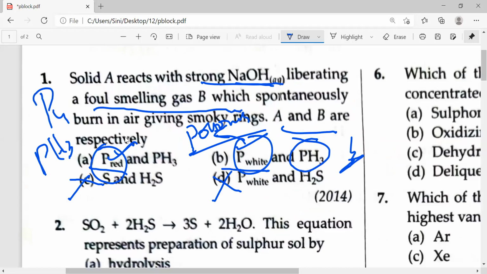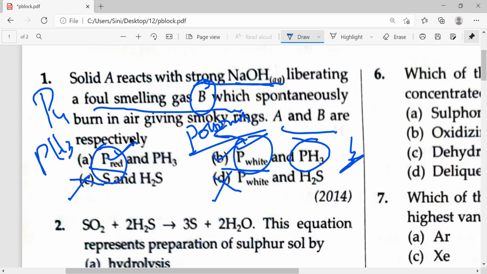But the thing is, white phosphorus reacts with NaOH and gives a rotten-smelling gas. That is B, that is my phosphine. So it is always the white phosphorus. But the important thing is that we have to know the difference between the two.